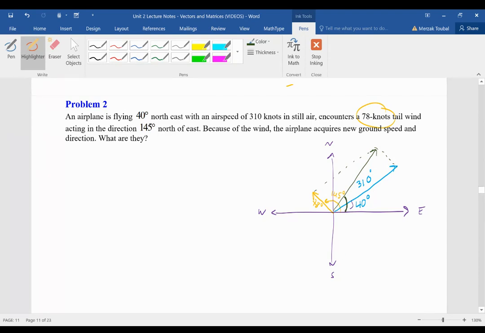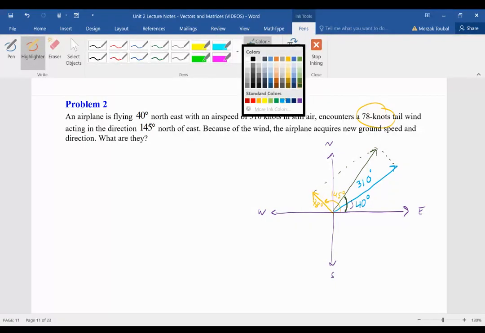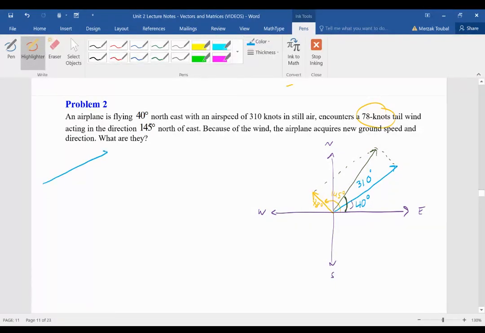So we don't want to do so much on the figure. Let's use the formulas that we already know. So let's start with the airplane vector. Let's call it P. The airplane vector is the blue one. We can probably do it over here, so make sure that you don't get confused.